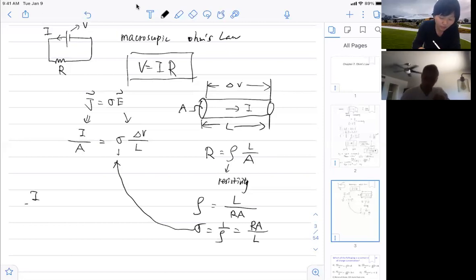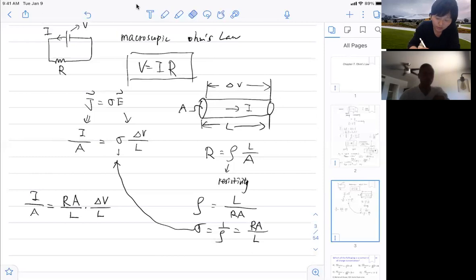So I get I over A equals sigma, which is L over RA, times delta V over L. Hold on, I may have flipped something.